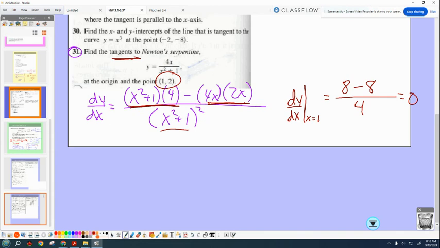Julia, what is the tangent line that goes through this coordinate that has a slope of 0? Y minus the y value equals slope times x minus the x value, commonly known as y equals 2.